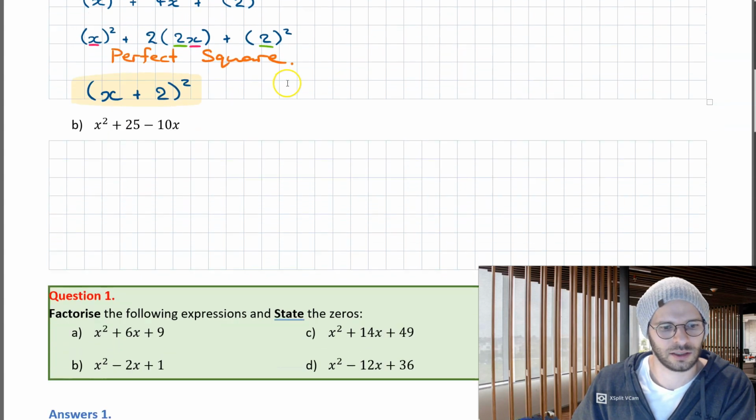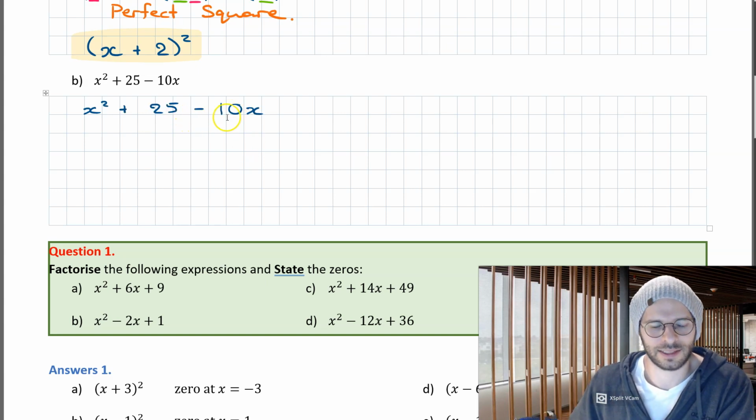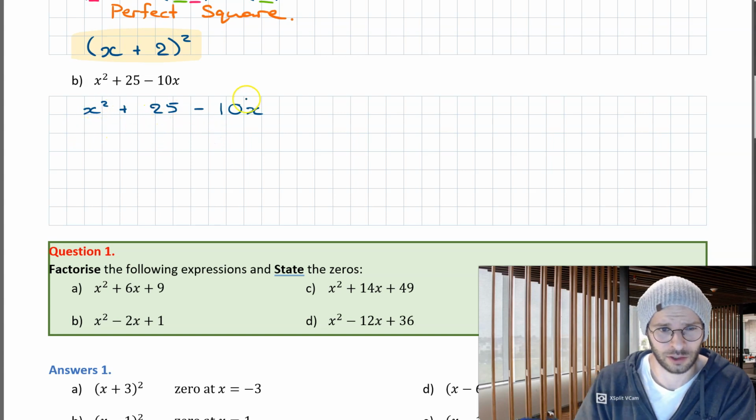Okay, next one, we have x squared plus 25 minus 10x. Now looking at this, the form is not what I'd like it to be in. Notice how it's got the squared term, then the constant term, then the linear term. We need this to be in squared term, linear term, constant term. So I'm just going to quickly shuffle this.